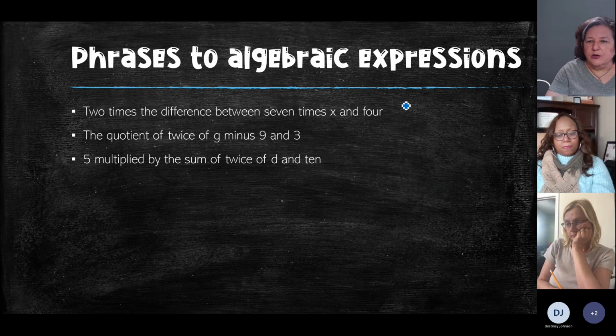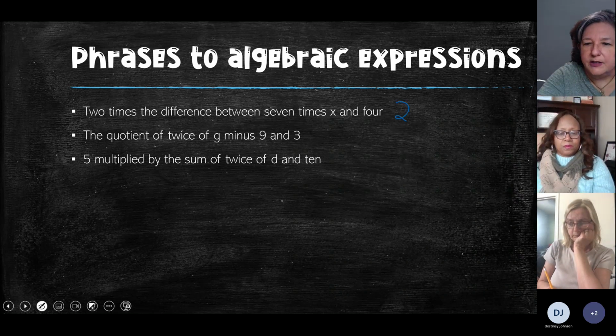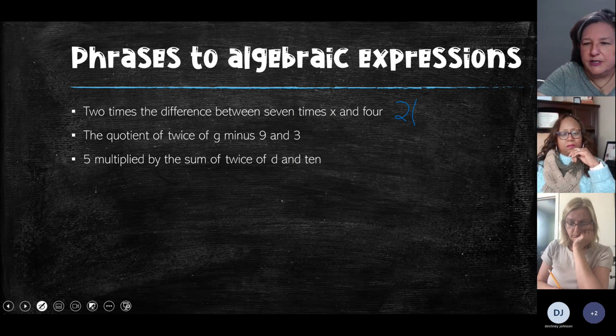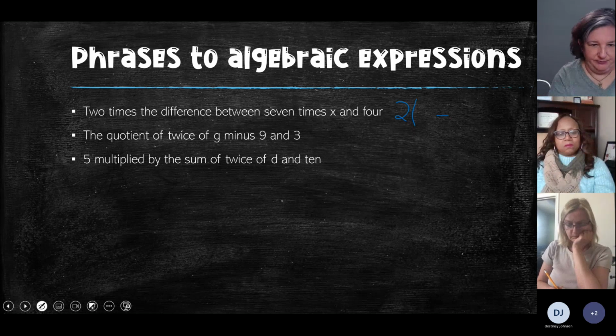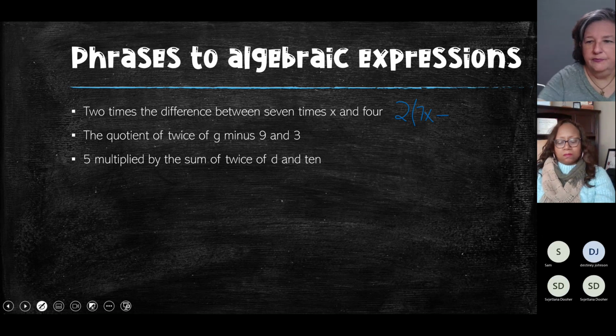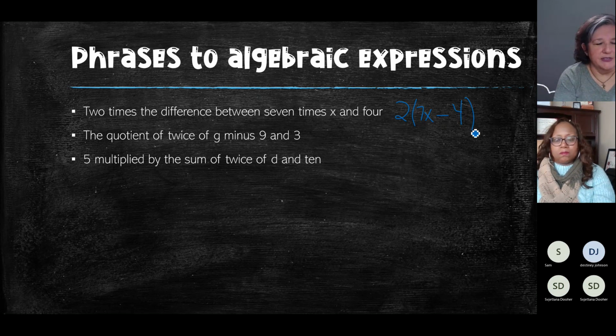So we know it's going to be 2 times something, and the difference means that we're going to be subtracting something. And 7 times a number looks like this. Two times the difference between 7 times x and 4.